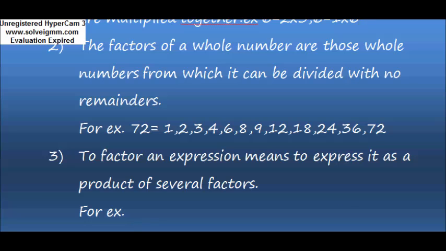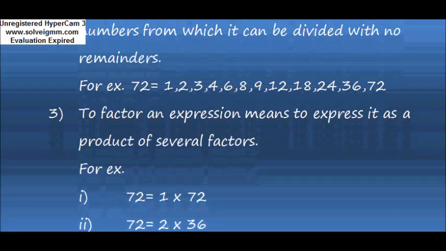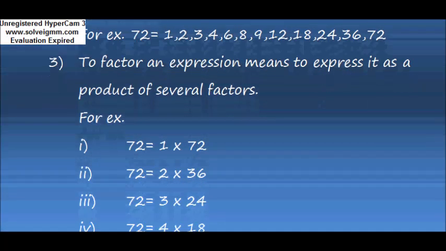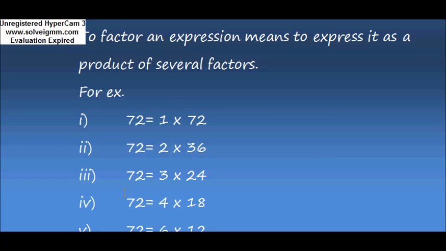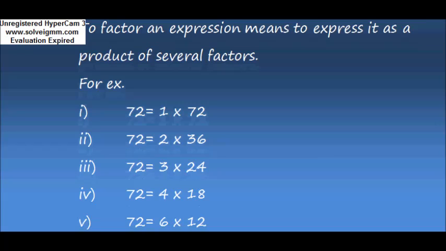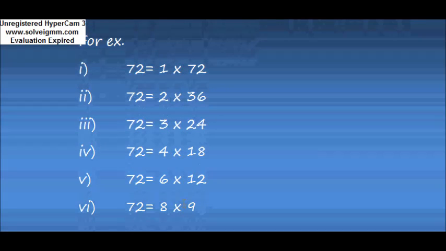Suppose we have to factorize 72, we can write 72 in factorized form as 1 into 72. 72 equals 2 into 36. 72 equals 3 into 24. 72 equals 4 into 18. Similarly, 72 equals 6 into 12 and 72 equals 8 into 9.